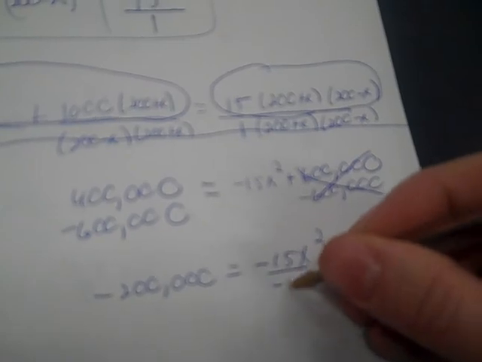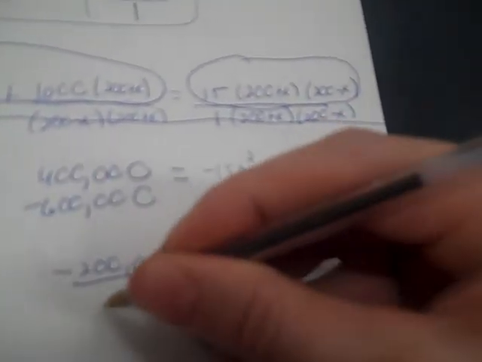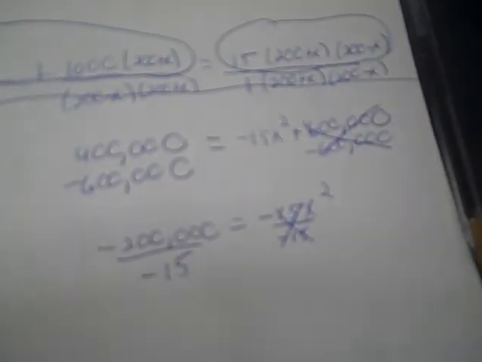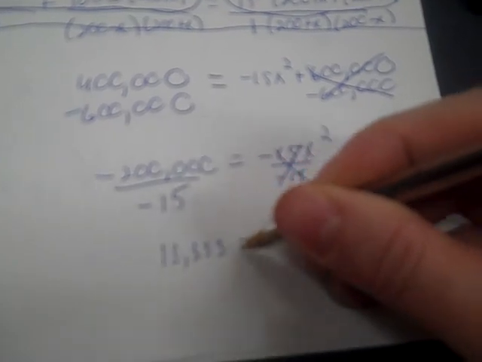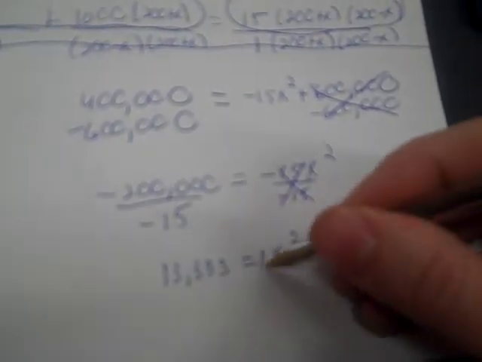And then divide by negative 15. Going to get a decimal, I'm going to round it to a whole number. 13,333. And then I have to find the square root of that.